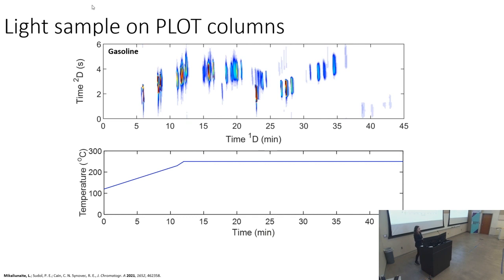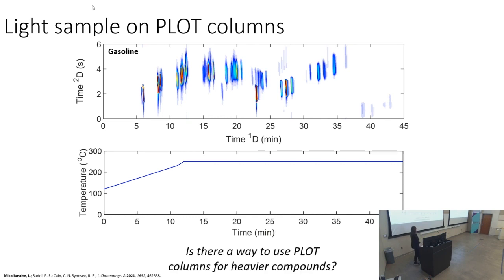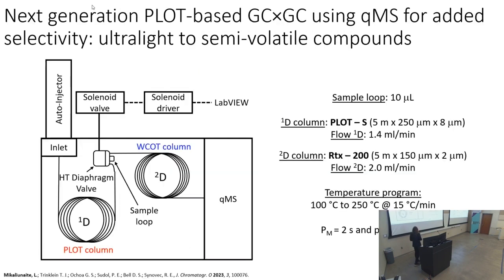Obviously that is not what we want. So the question was, are there better ways to use PLOT columns to get these two-dimensional separations and separate the light analytes out, but also be able to actually get gasoline off of the column? This is how we went about that.